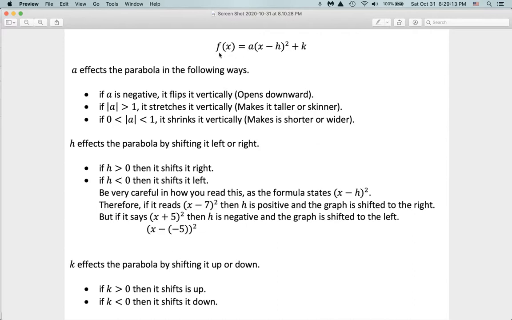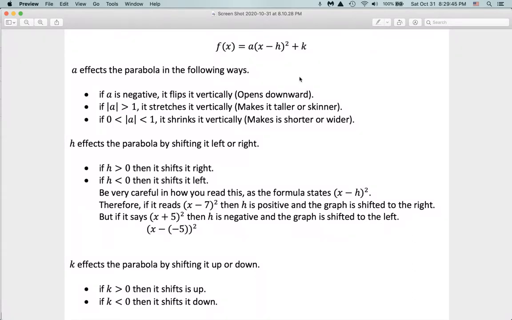All quadratics can be written in the form of y equals some a, which we'll talk about as a stretch, times in parentheses an x minus h, where h is a shift left or right, a horizontal shift, in parentheses squared, plus some k value, which is a vertical shift up or down. So I like to start with the k first. It's the easiest to understand.